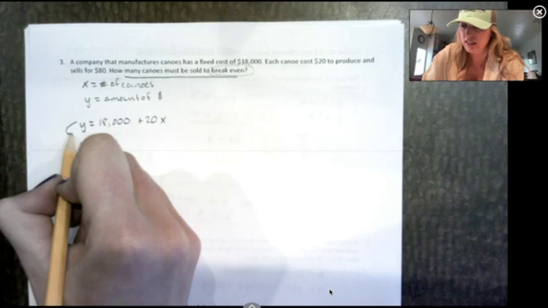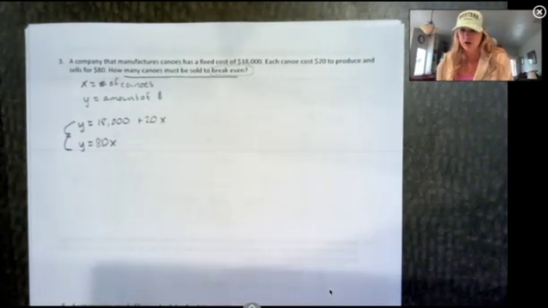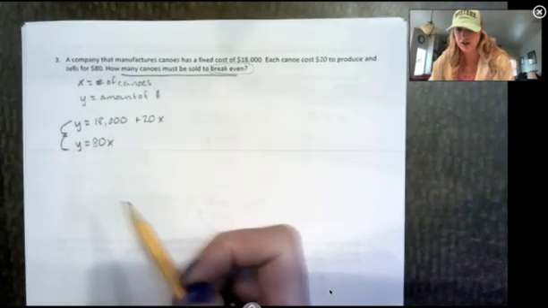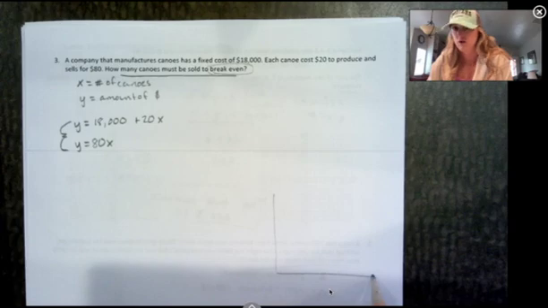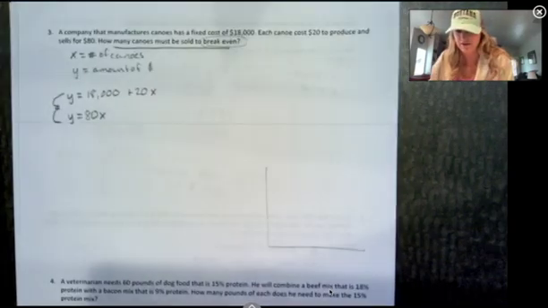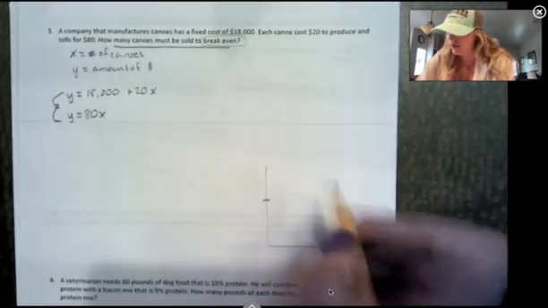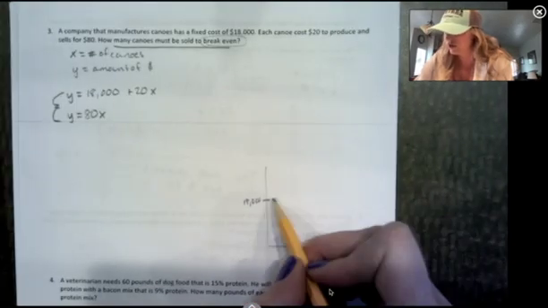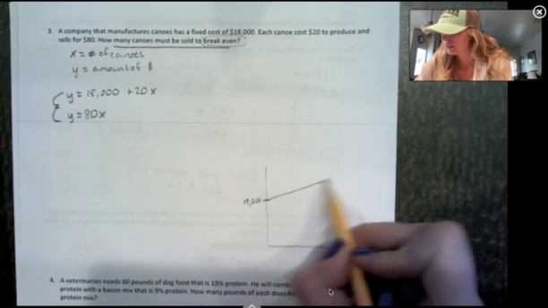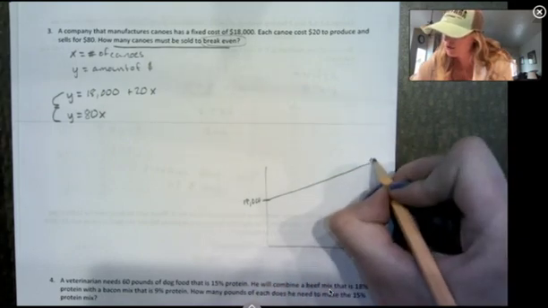So this is my system. Okay, so I'm actually going to graph this just to show you guys kind of what this is going to look like. But we have one equation that has a y-intercept of $18,000 and then it has a slope of 20. So this is like the expenses equation.